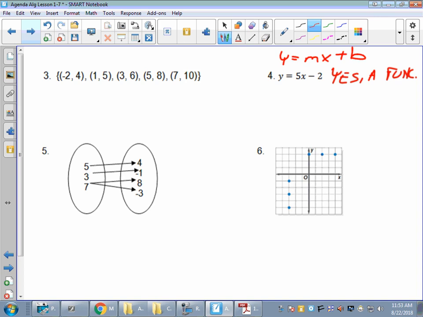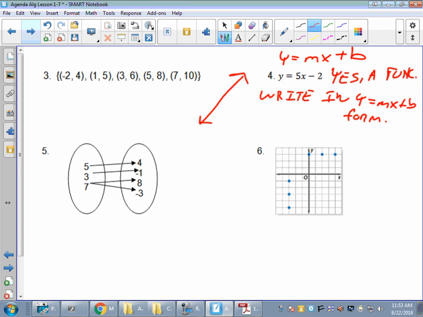Because you can write it in y equals mx plus b form, and it's already in that form for us. We know that that form gives us what's called a linear equation. So if we graph this, you'd get a line something like this. It's a straight line, a linear function. So it's a function.